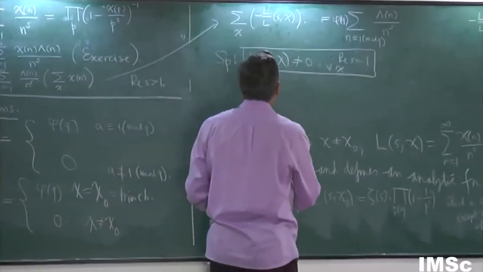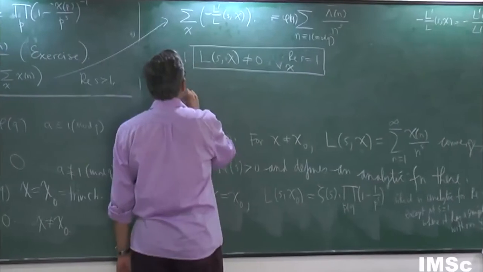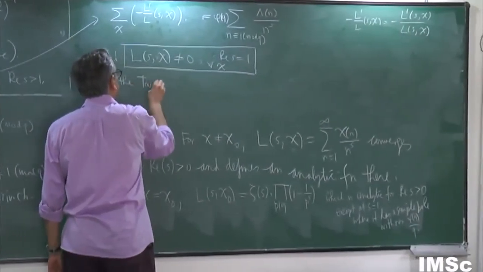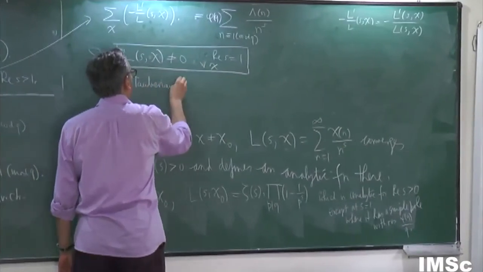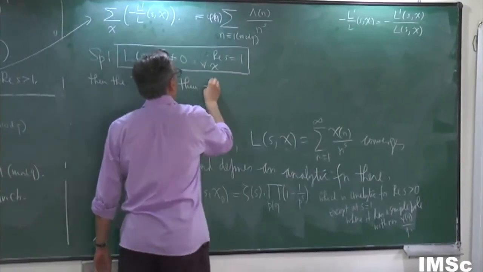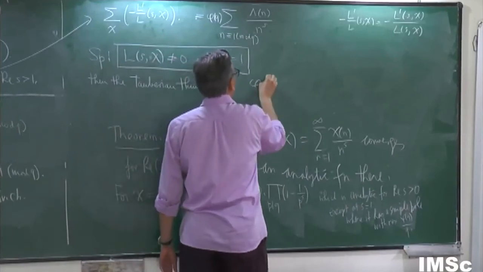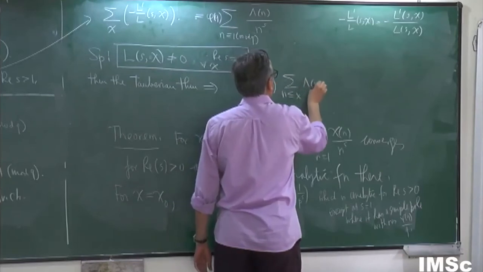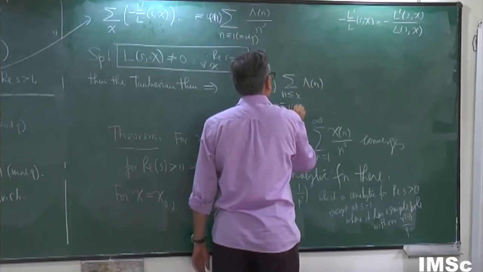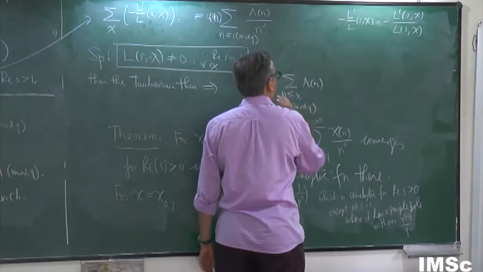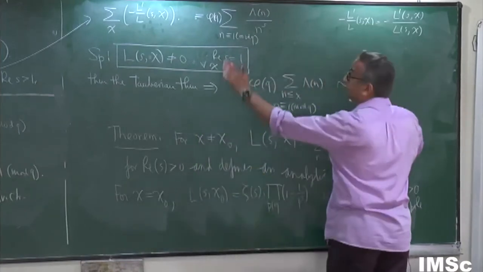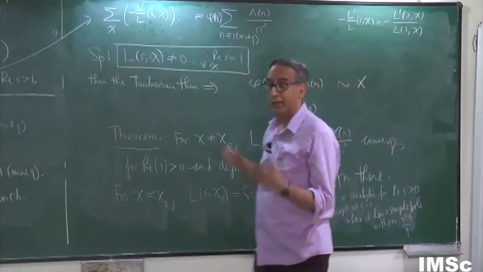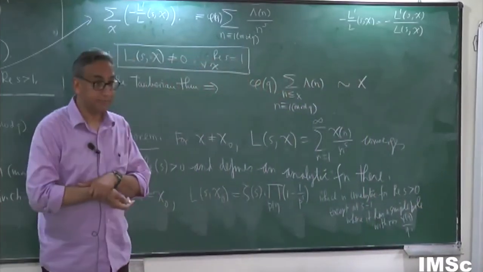So therefore, if we suppose this, then the Tauberian theorem implies that phi of q times the sum over n less than x, lambda of n, n congruent to 1 mod q, is asymptotic to x, because it's a simple pole, residue 1, at s equals 1, right? Everybody okay with that?